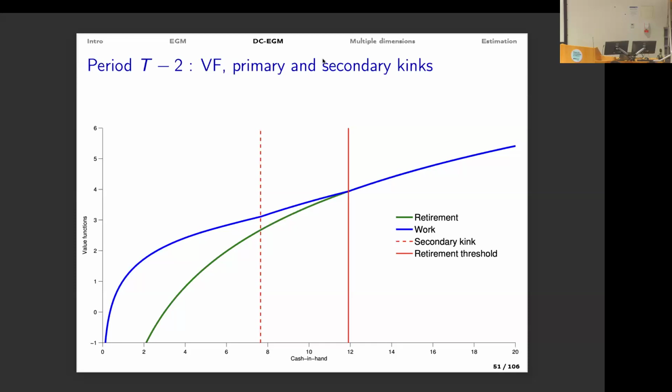But then as we go back in time, in the deterministic setting, there will be echoes of those kinks in the future, which we call secondary kinks. They are around just because the problem is non-convex, because the Euler equation may have multiple solutions for some levels of wealth.